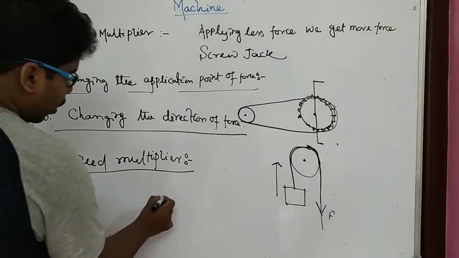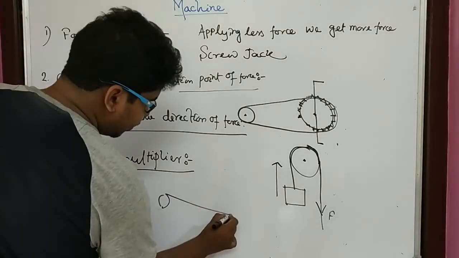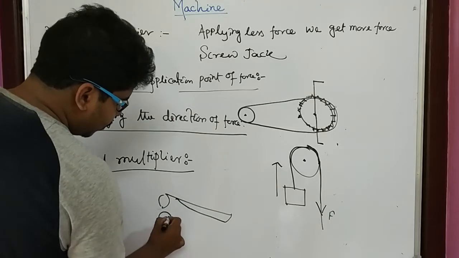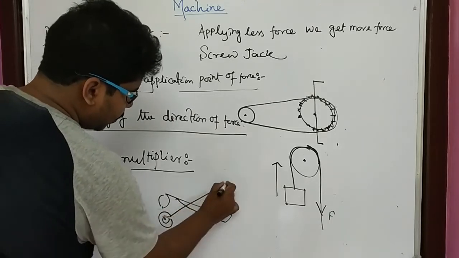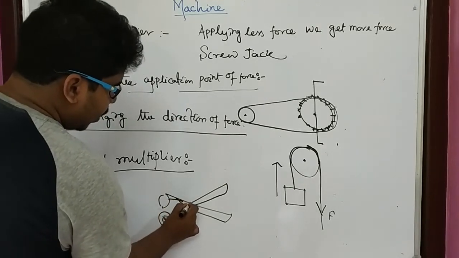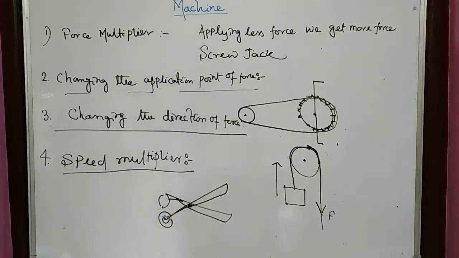If I am talking about a scissor, it is a special instrument by which we can cut paper or cloth very fast. So that is a speed multiplier.